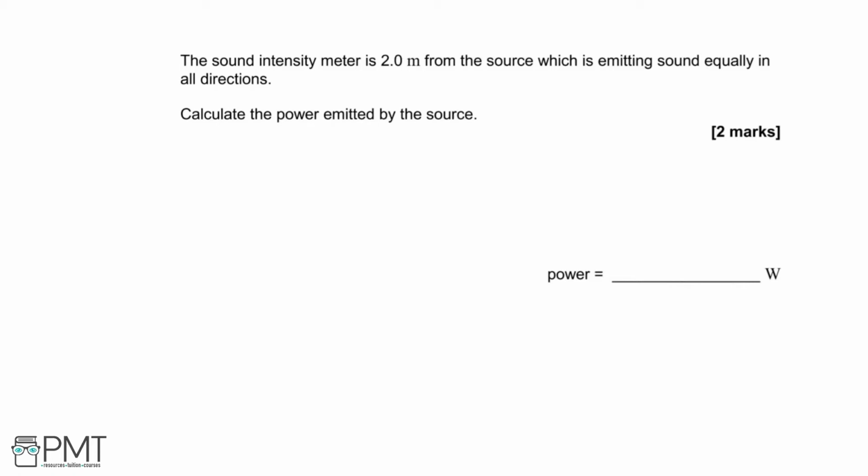Now, the area at that distance is going to make up a sphere because it's emitting outwards in a kind of spherical wavefront. So first of all, we want to calculate the surface area of a sphere of radius 2 meters. I won't calculate that just yet because we can substitute that into another equation, which is going to relate power, intensity, and area.